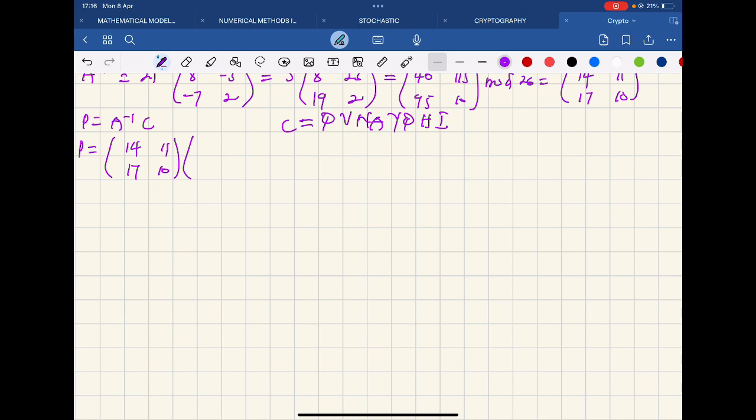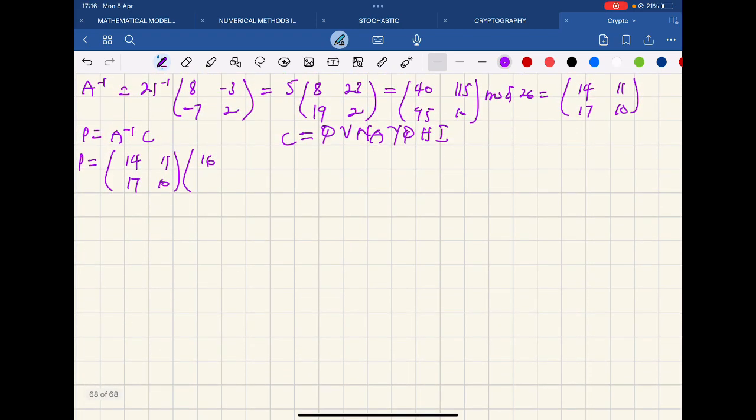Now, Q corresponds to 16 in the English alphabet, right? So Q is 16, V is 21, N is 13, A is 0, Y is 24, Q is 16, H is 7, and I is 8.